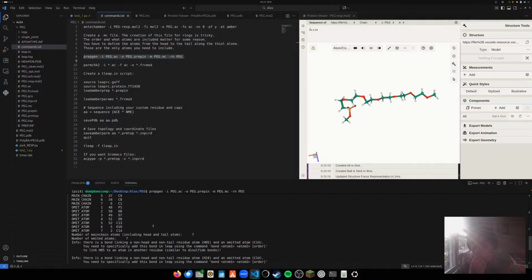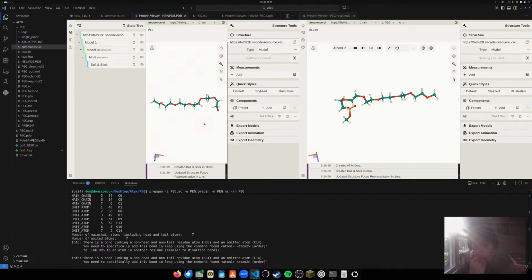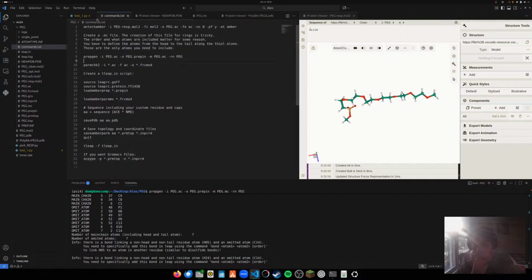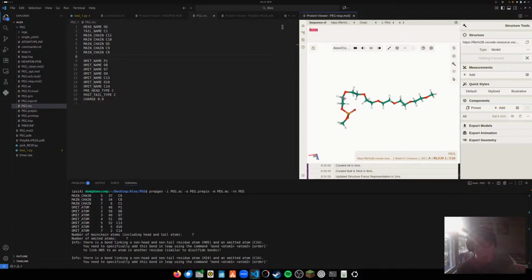I wonder if that means something's wrong. This looks right, except for that. I think we probably need to include everything in the main chain. So let's get to writing then.